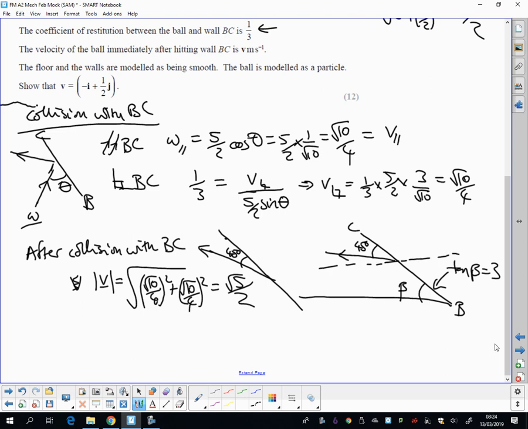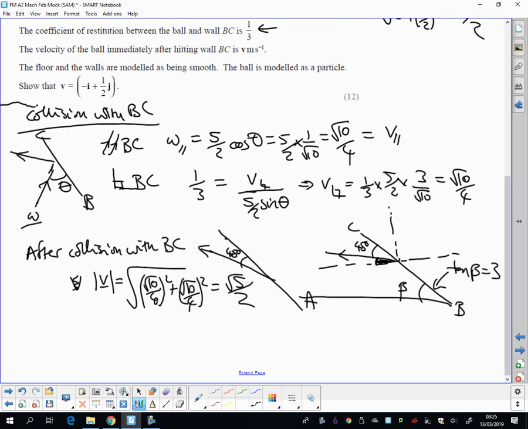What I actually want to know is in terms of vectors, the i and j direction. The i direction is parallel to the baseline, which was AB, and the j direction is perpendicular to that. So I want this angle in here. If that angle is beta, then this angle there must be beta minus 45 degrees.